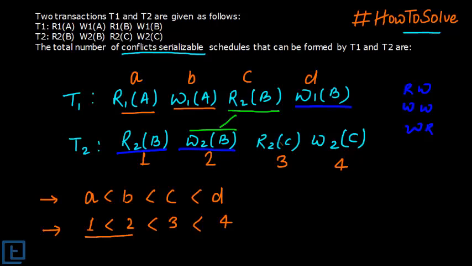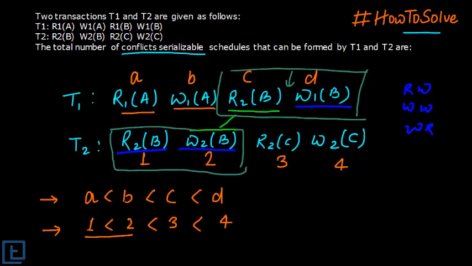Here we can come to the conclusion that this whole operation should be happening in order. That is, no conflicting operation can come in between these two operations. So R2 and W1 should be in order, whereas these two operations should be in order.